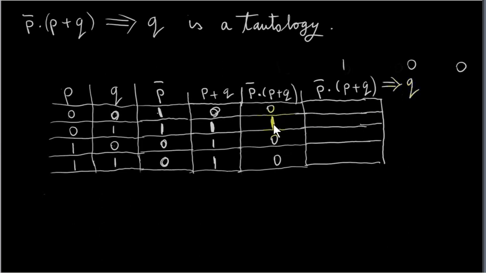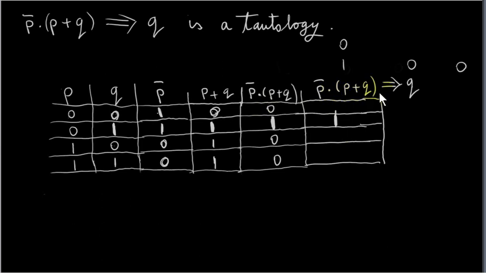The right hand side is q. Well, it's 1 here, so we don't actually get a 0, we get a 1 here. So when the left hand side is 1 and the right hand side is 1, then the entire statement is true, we get a 1. And it's vacuously true when the left hand side is 0.